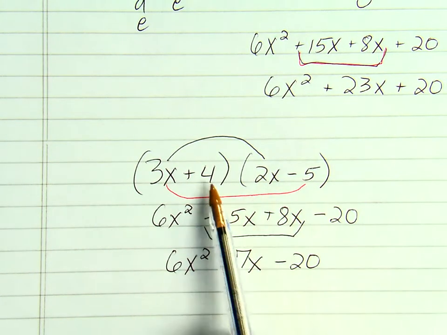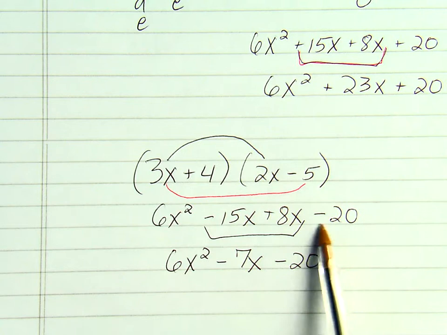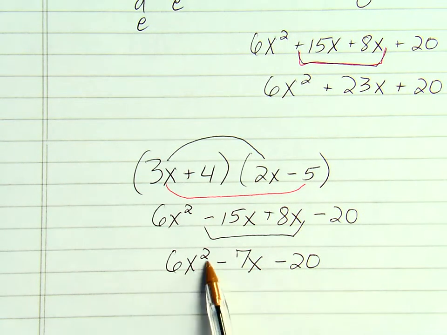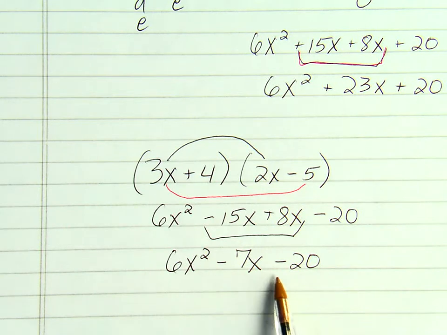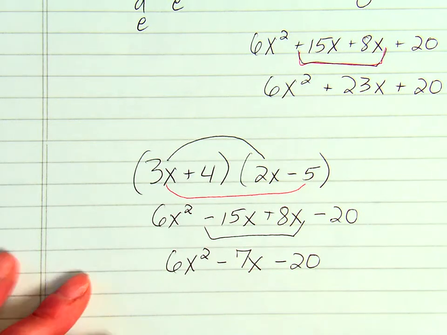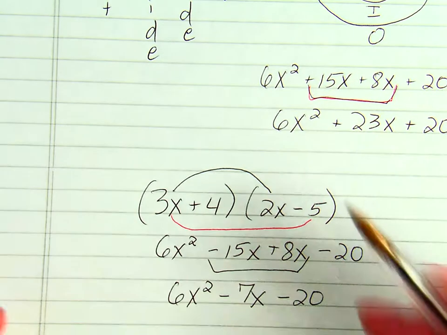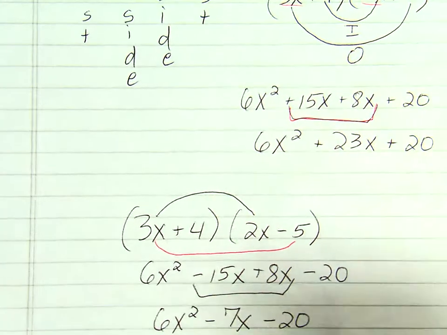And then our last, positive 4 times negative 5, gives us a negative 20. When we once again combine those like terms, we end up with 6x squared minus 7x minus 20. So the FOIL method is used quite a bit because it just makes a lot of sense, and you can actually talk yourself through it as you're going through.